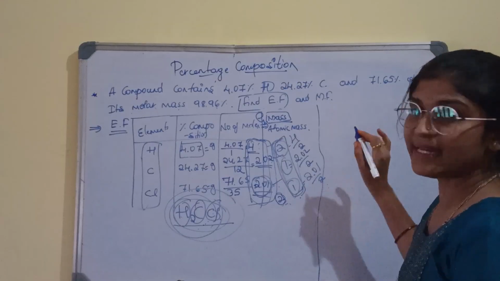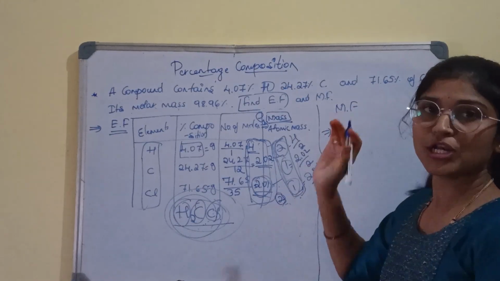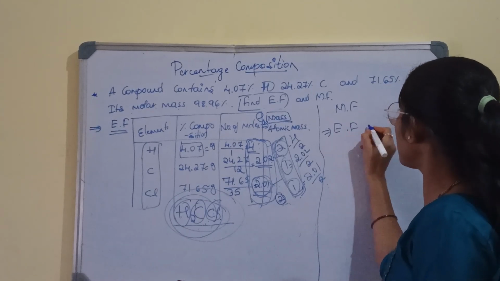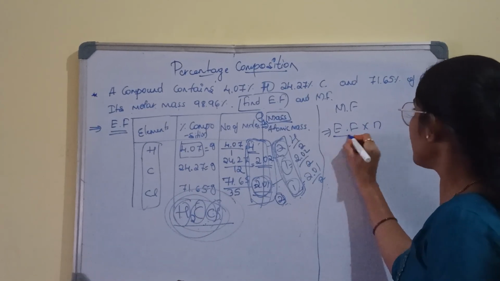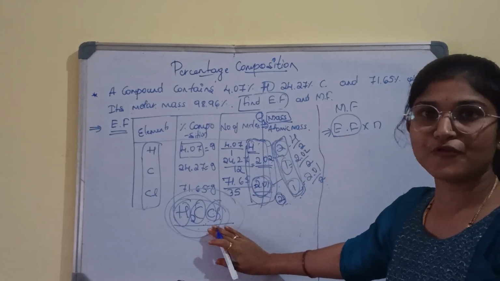Next, molecular formula. To find the molecular formula, we have a formula: empirical formula into N. We have already determined the empirical formula.